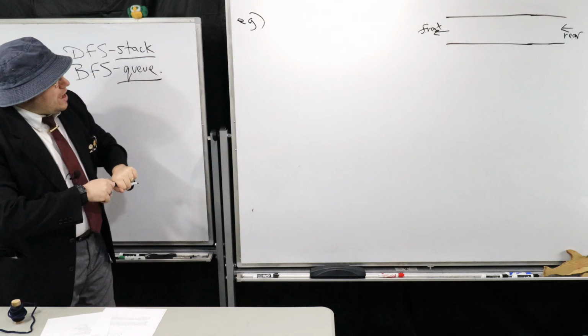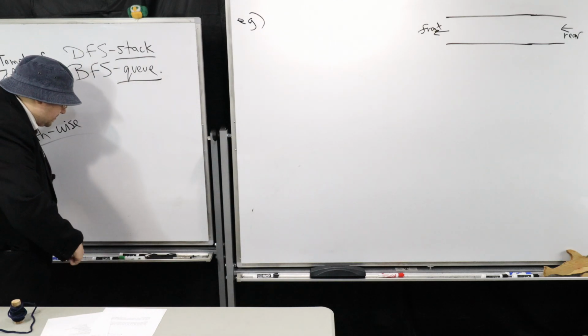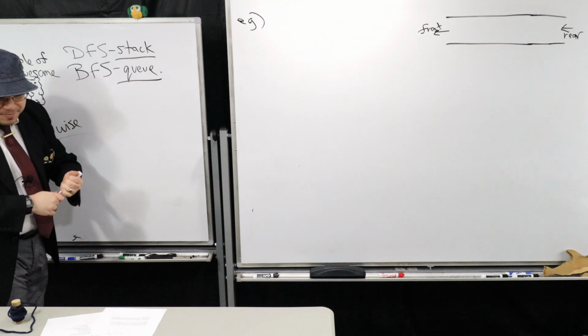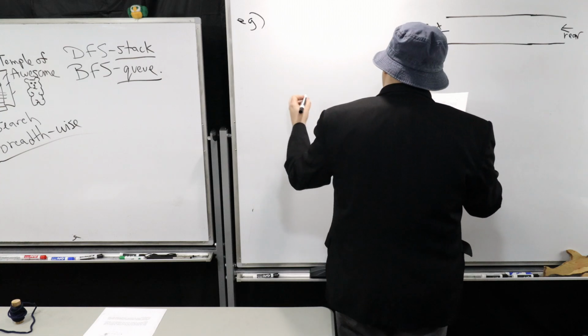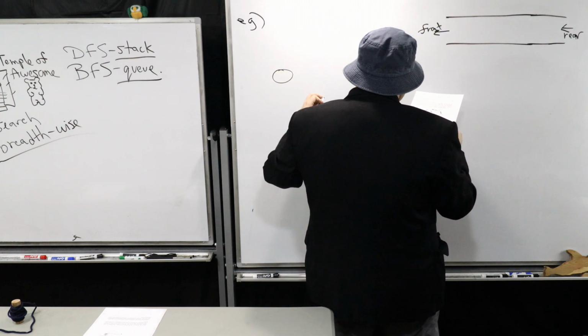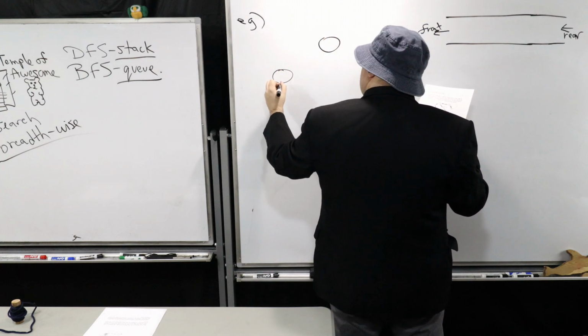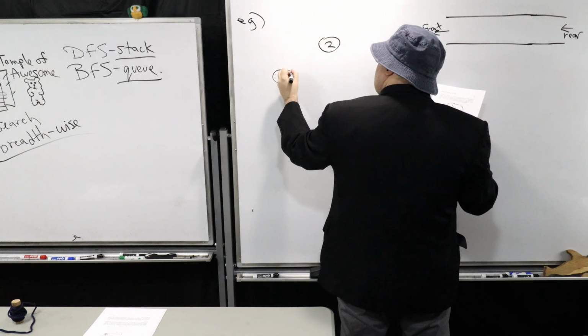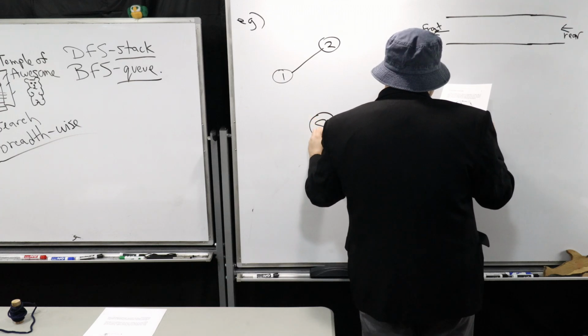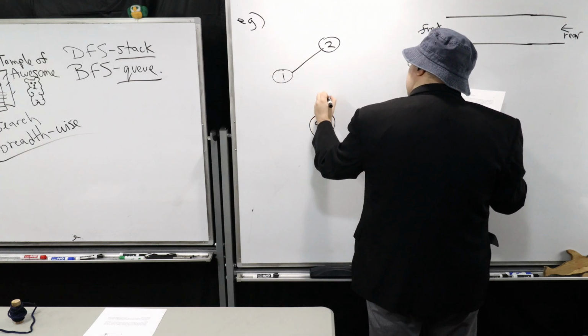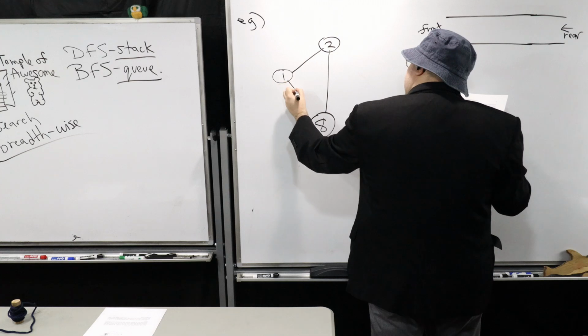Anyways, let me draw out a graph. So I got 1 and 2, with an edge that connects 1 and 2. Then I'm going to have vertex 8, which is adjacent to 2 and 1.